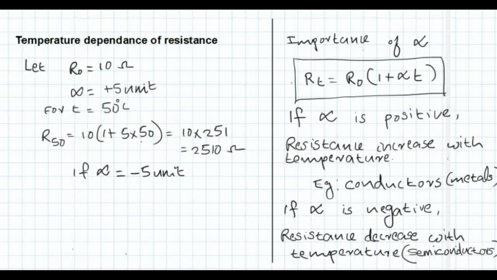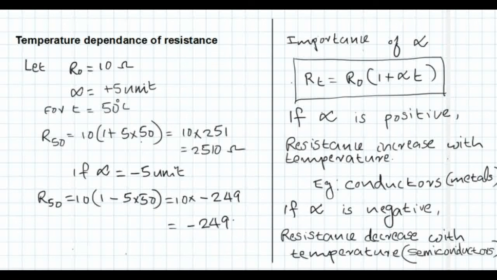Then suppose alpha is equal to minus 5 units. Now R50 is equal to R0, 10, into (1 minus 5 into 50), because we are taking alpha as minus 5. That is 10 into (1 minus 250), which is minus 249. So 10 into minus 249 is equal to minus 2490 ohm.